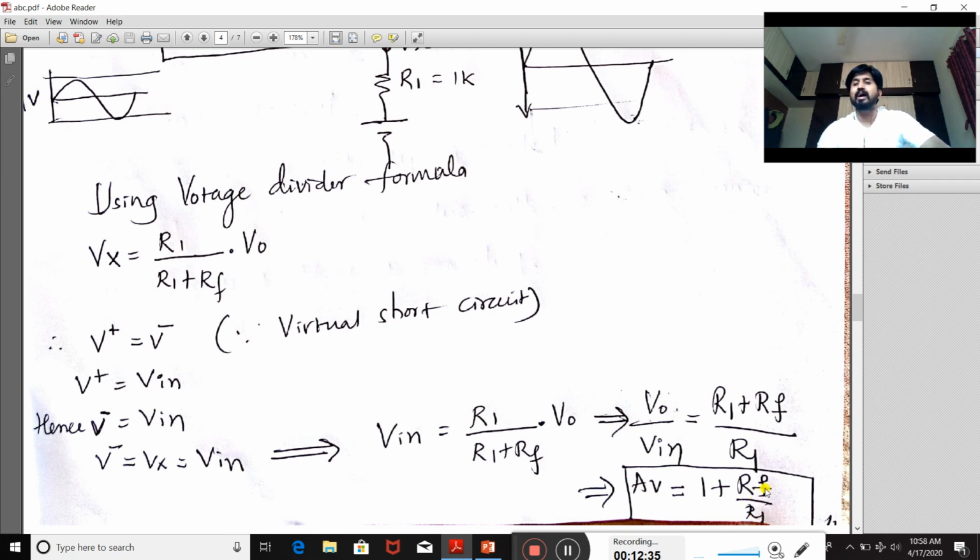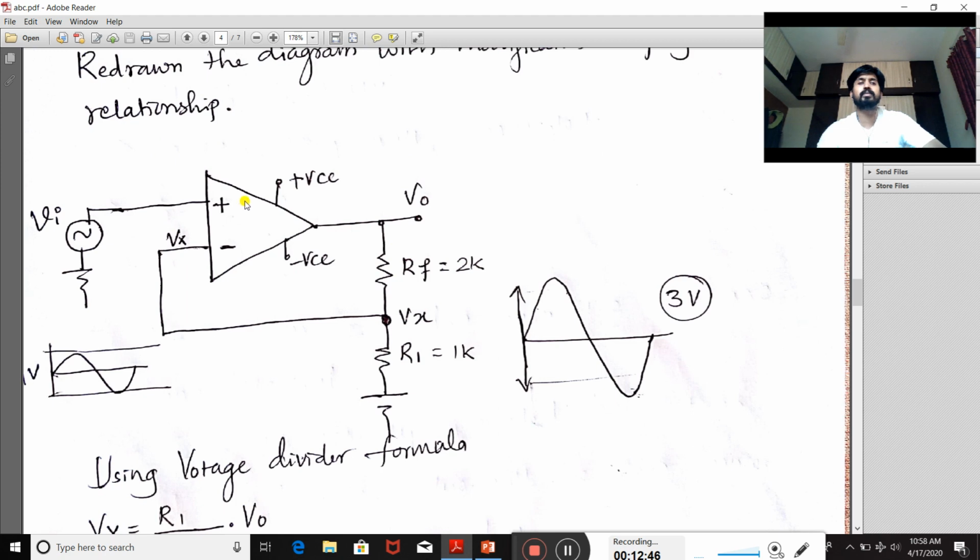Consider here also Rf is 2 kilo ohm and R1 is 1 kilo ohm. 2 divided by 1 is 2, and 2 plus 1 is 3. So the gain of the non-inverting operational amplifier is 3 now. Take the same example again. If you provide a 1 volt sinusoidal signal at the input source, then at the output side you are going to get an amplified signal, and the voltage of that amplified signal is 3 volt, because 3 is the gain of the amplifier, 1 volt is the signal, and 3 into 1 is 3.